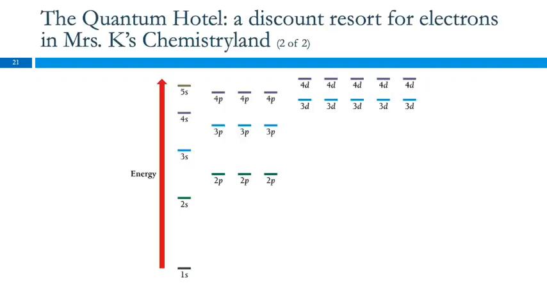So this one? Yeah. So you started filling up 3d and you did them each. You put one in each. Mm-hmm. And then you went back to fill them up. Right. Why wouldn't you fill up each one of them fully first?